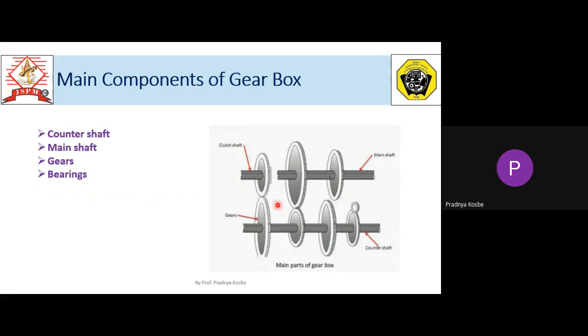Gears and bearings will be at the end of the shaft to support. So the main four members will be there. In this figure, the clutch shaft is also shown, but the main members are the main shaft, then this is the counter shaft, and these gears and bearings. So one by one we'll see these components in detail.